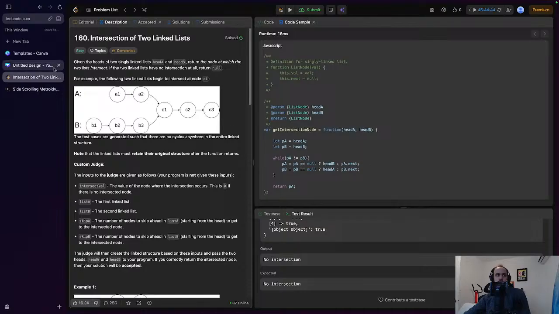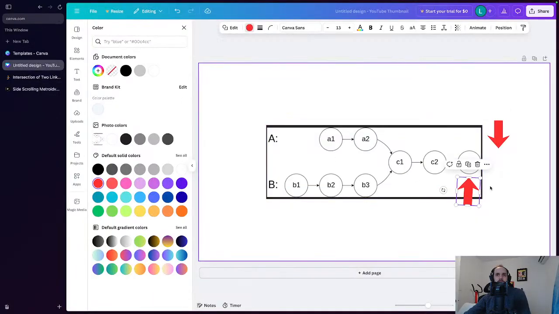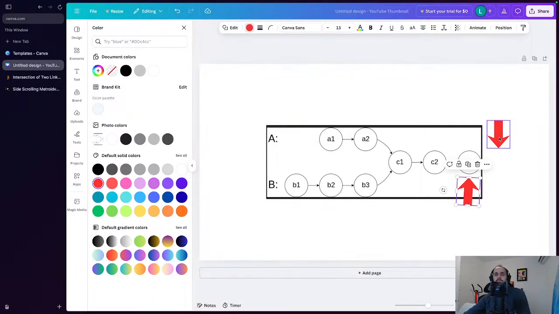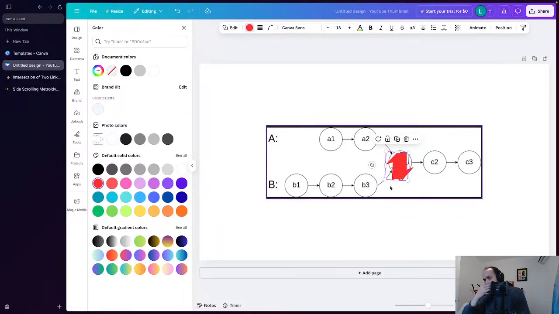And then after that, this goes down. This points to null. This moves, and this moves. Now they're kind of aligned, and they'll meet up here.